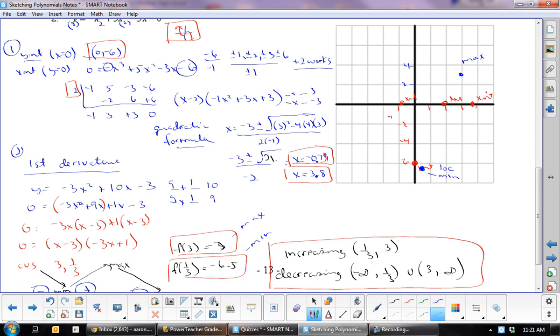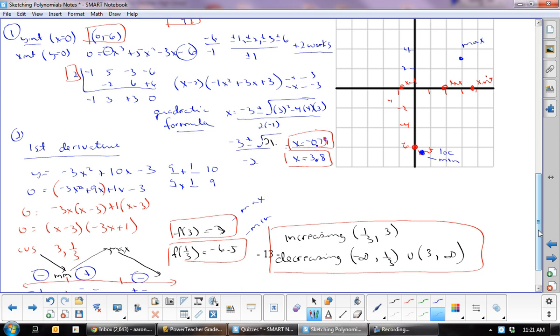Now, depending how you want to do this, there is a way that you can talk about your increasing and decreasing. Because from 1/3 to 3, it is increasing, right? So then I would say here's 1/3. So you can go like this if you want.